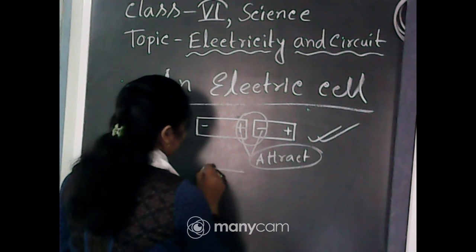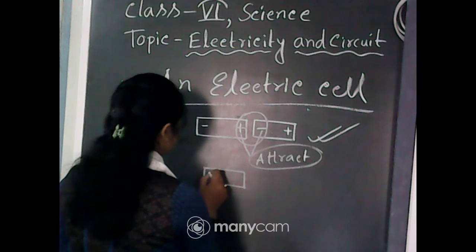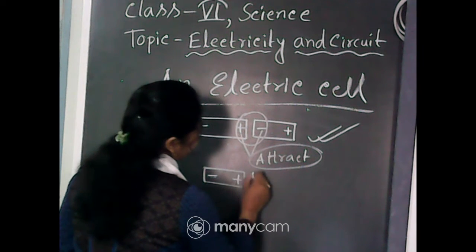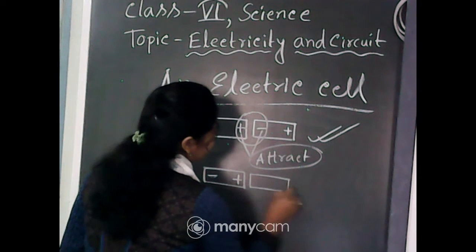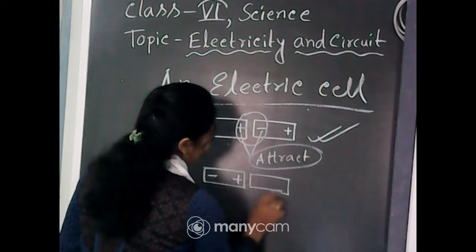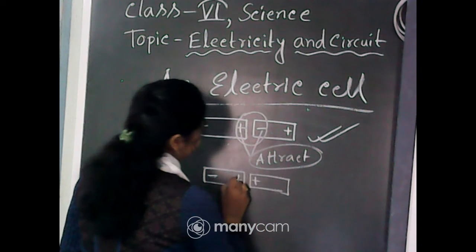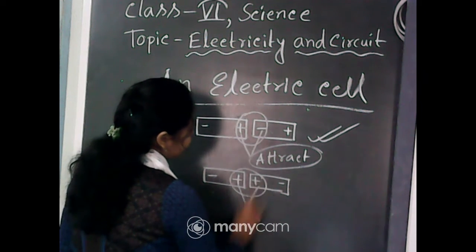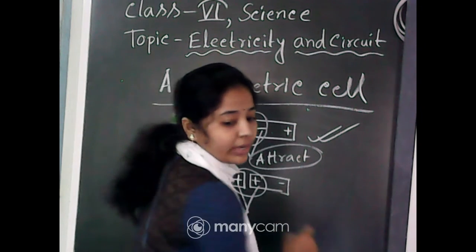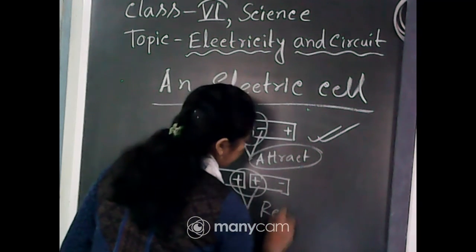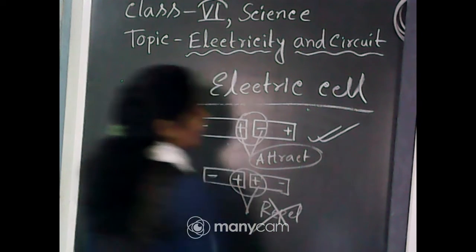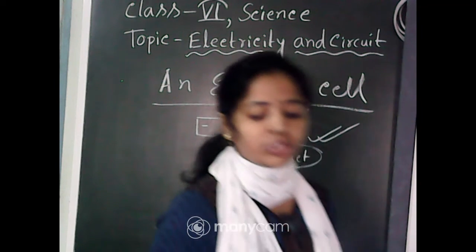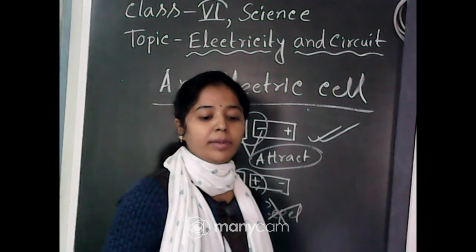But when a battery or an electric cell is placed in such a way that there is a negative terminal and this is the positive terminal, and another battery is placed beside it with its metal cap, the positive terminal, next to the positive terminal of battery 1, then it will not conduct electricity, as both charges will repel each other. Okay students, understood? So they will not conduct any electricity in this case. Okay, any problem up to this portion? Any problem?